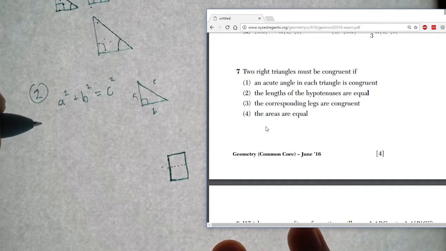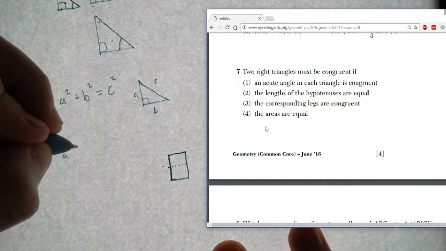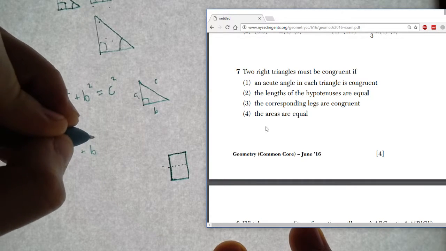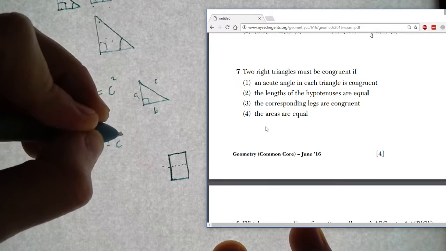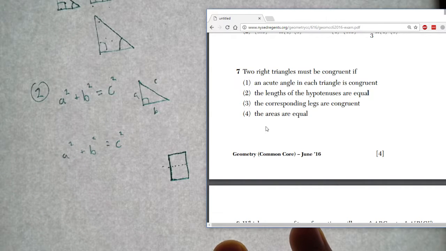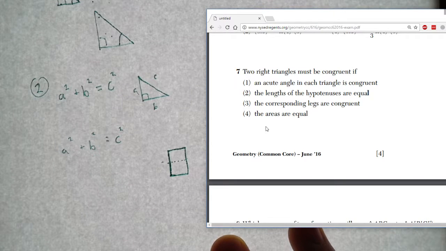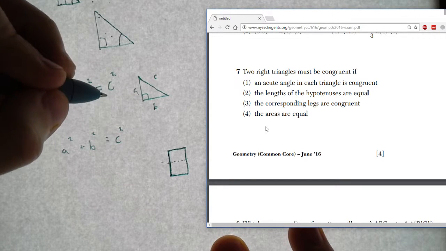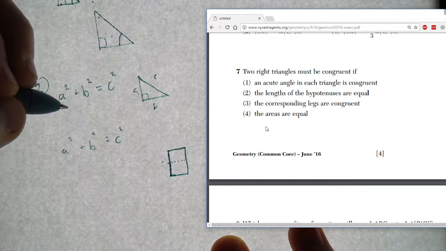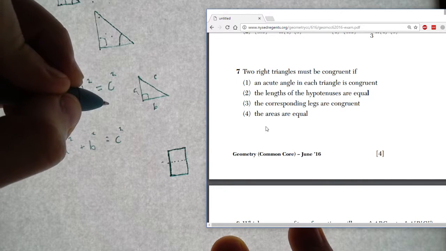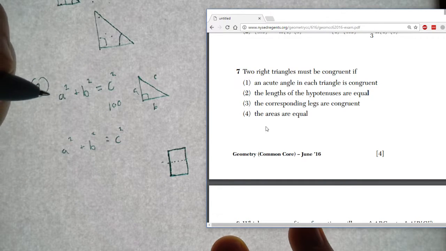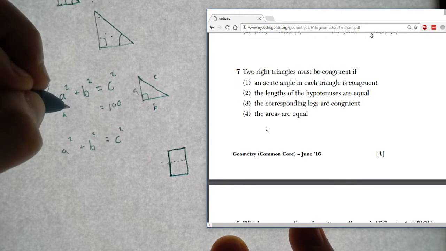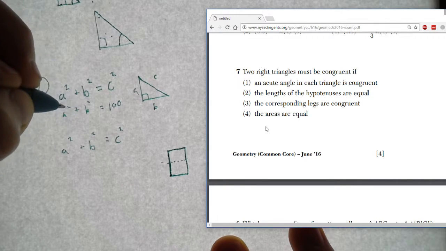Let's choose some c for two equations and see if I can come up with a's and b's that don't equal each other. So for this first one, what's a really nice c? How about c squared is 100, equal to a squared plus b squared.